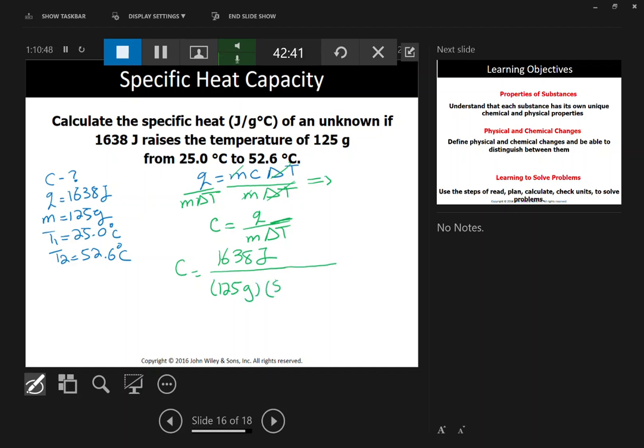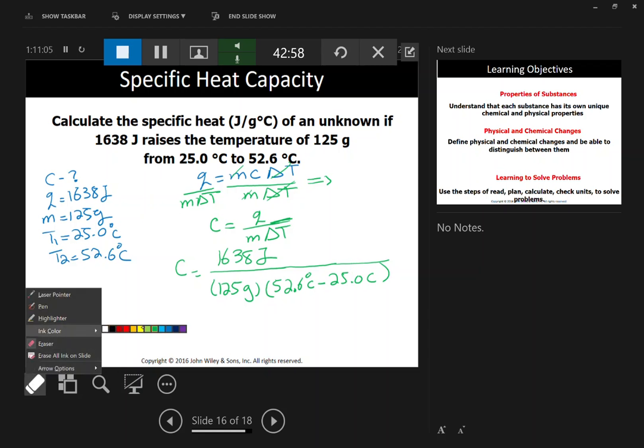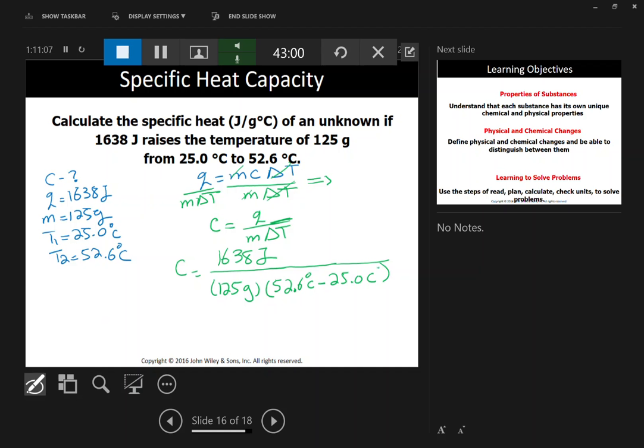Delta T is T2, 52.6, minus T1, 25 degrees Celsius. So use your calculator, please, and find C.